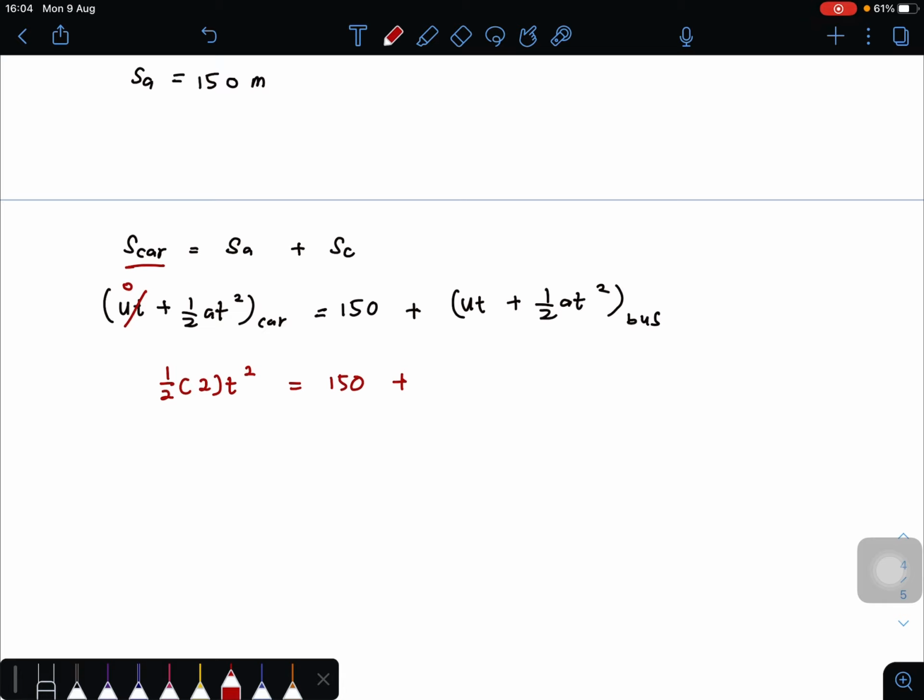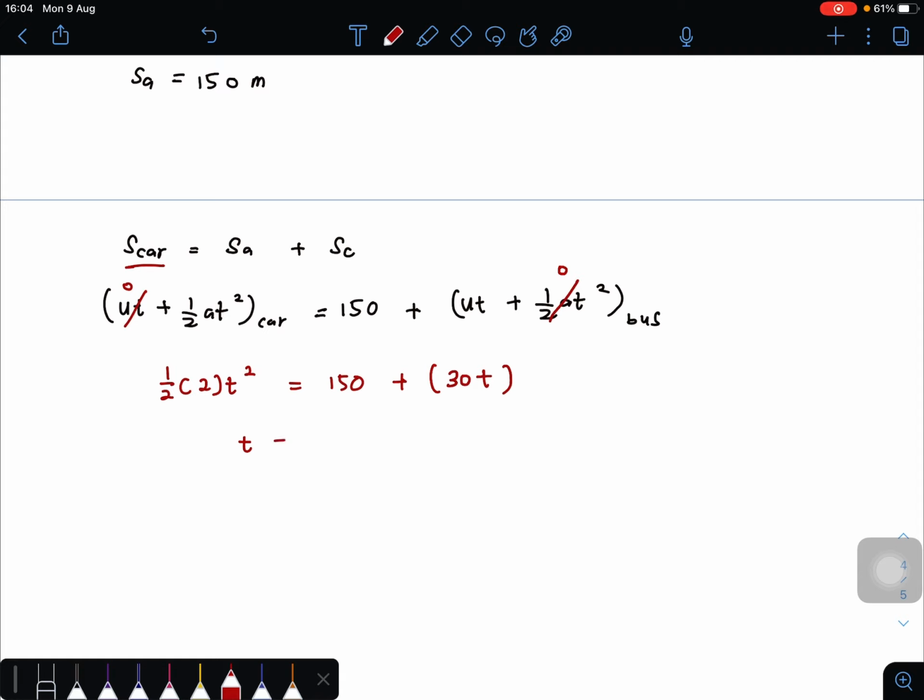So this one is zero, and here 30 meters per second times t. And then you just solve it. It's a quadratic equation. It's simpler to just use a calculator, no need to do the mathematical solution.